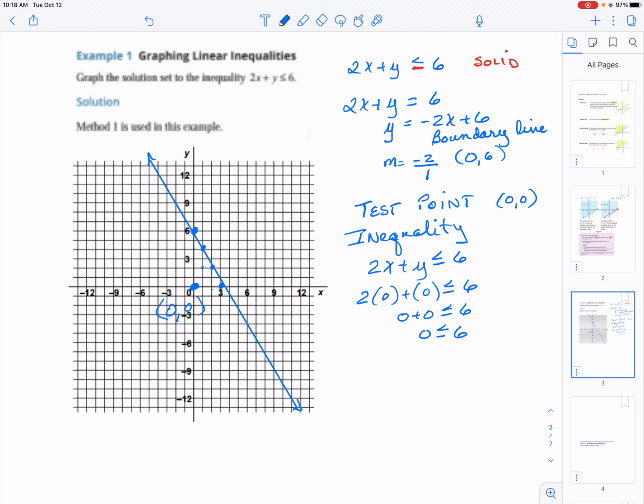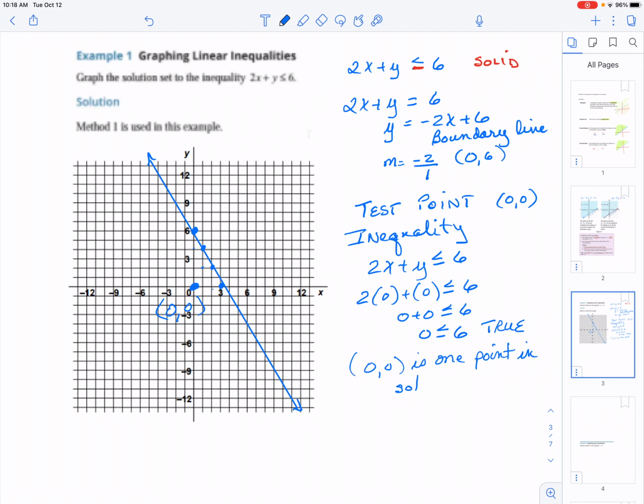Is it true that 0 is less than or equal to 6? It is less than 6. So that means that (0, 0), that origin, is one point in my solution set.